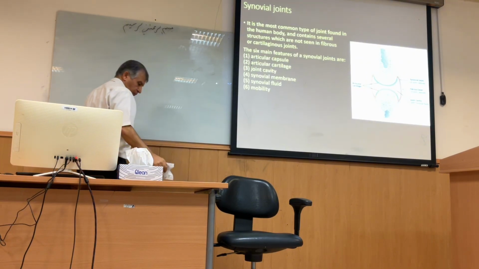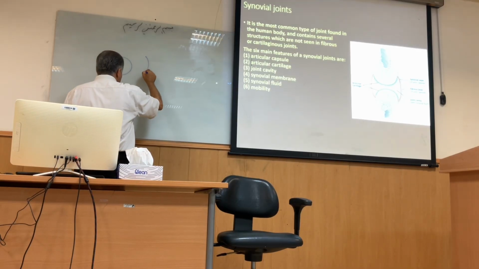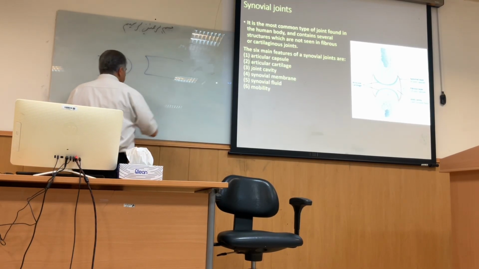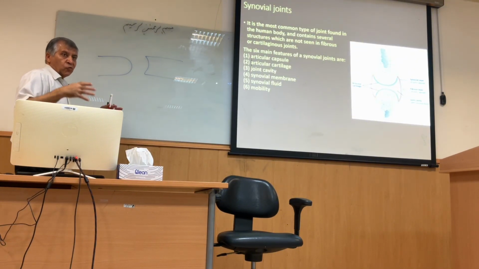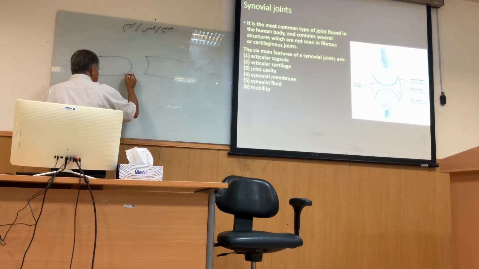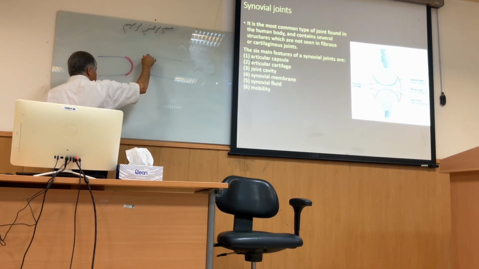One, this one and this one. Okay? The bone surface contributing to formation of the joint is covered by hyaline cartilage. The articular surface of bone is covered by hyaline cartilage.